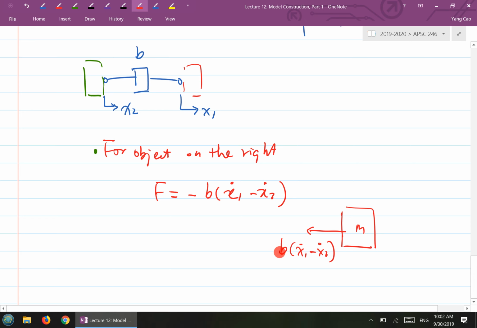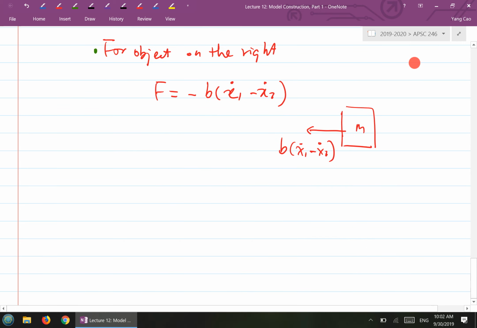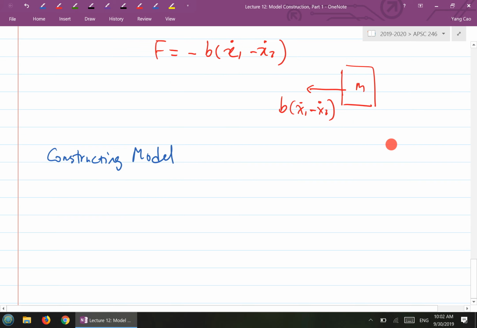Excellent. So now let's put things together. Let's take a look at some very simple examples of constructing a model. So let's start from an electrical example.